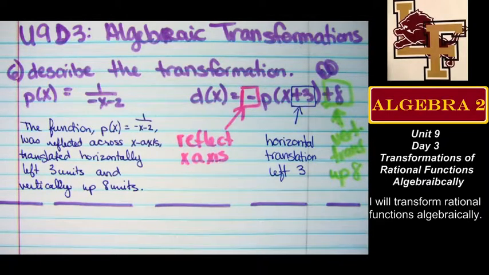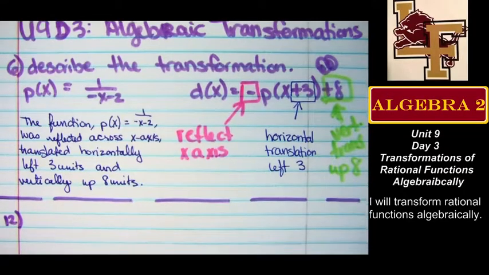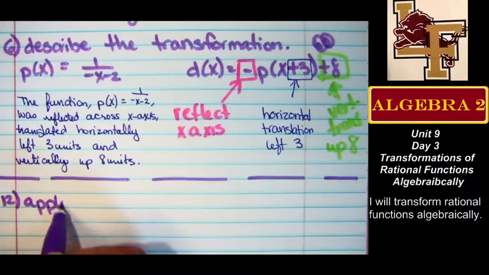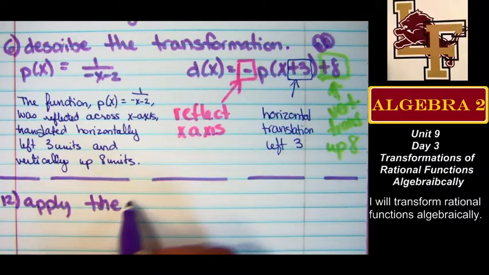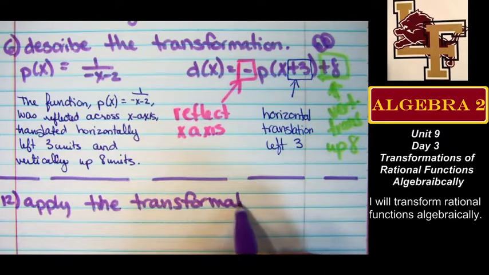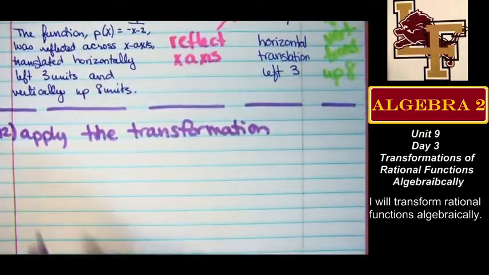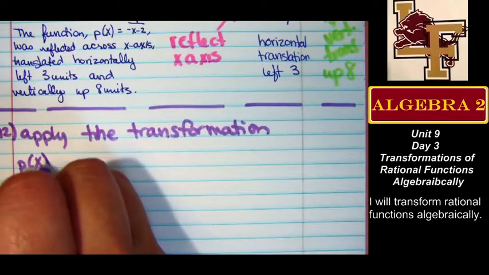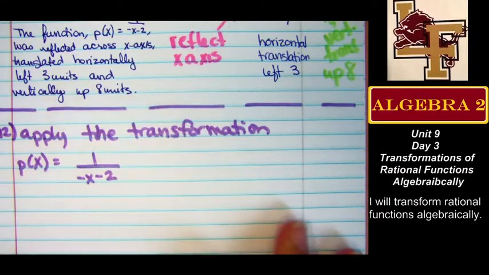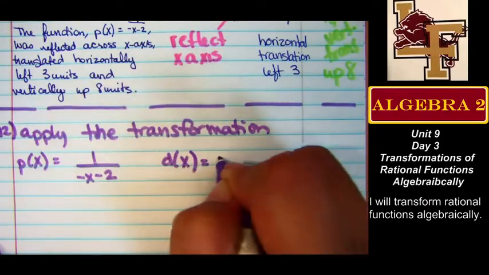That's all I ask. All right, let's go ahead and look at number 12. The directions on number 12 say apply the transformation. We have been asked to take this function p of x and apply this following transformation.